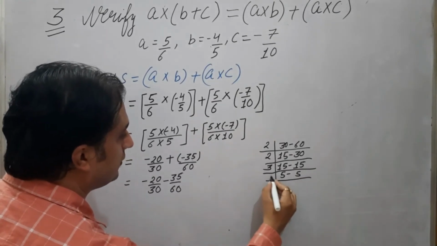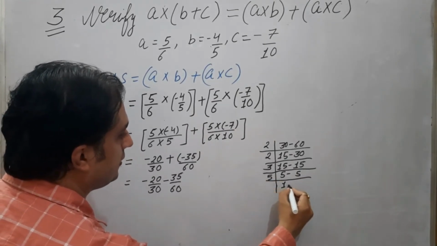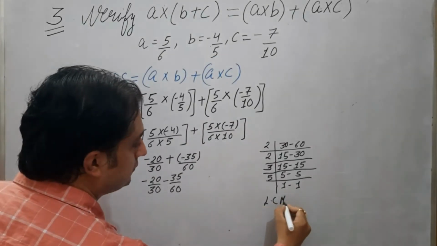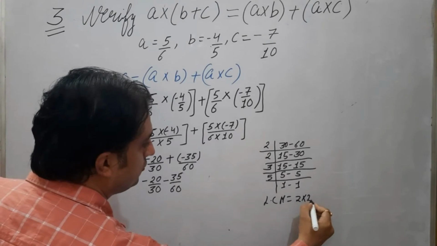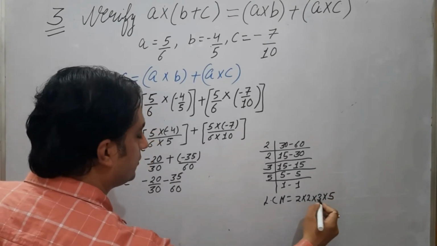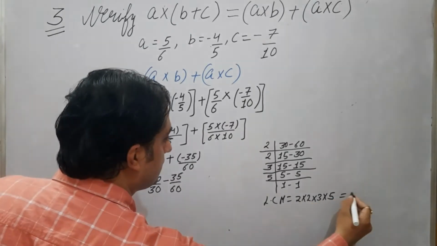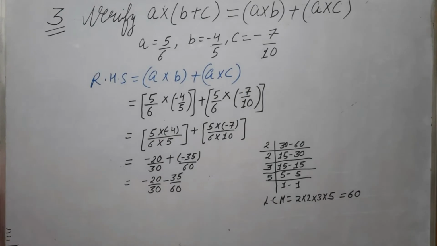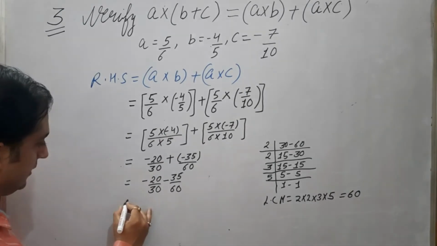Again finally with 5, 5 1s are 5. So the LCM is 2 multiply 2 multiply 3 multiply 5. 2 2s are 4, 4 3s are 12, 12 5s are 60. So 60 is the LCM.